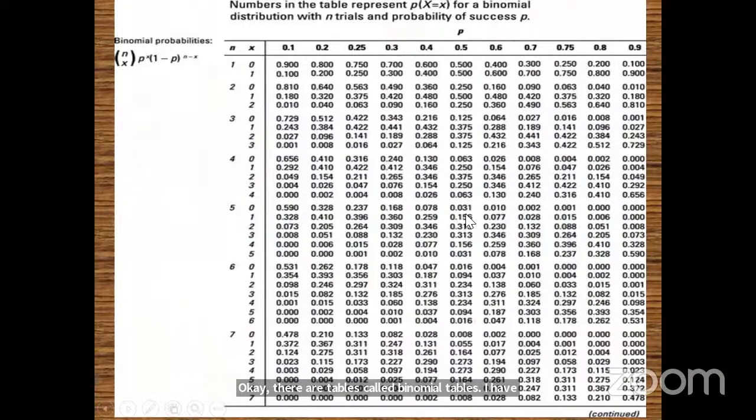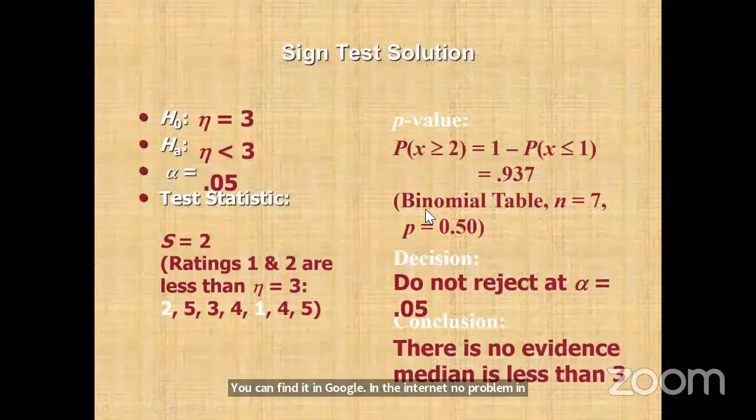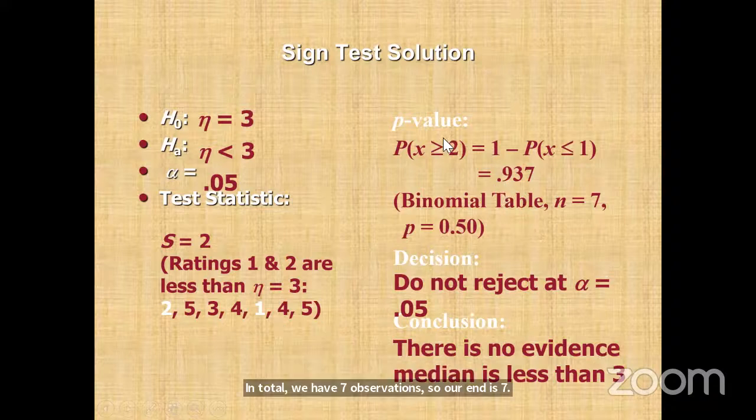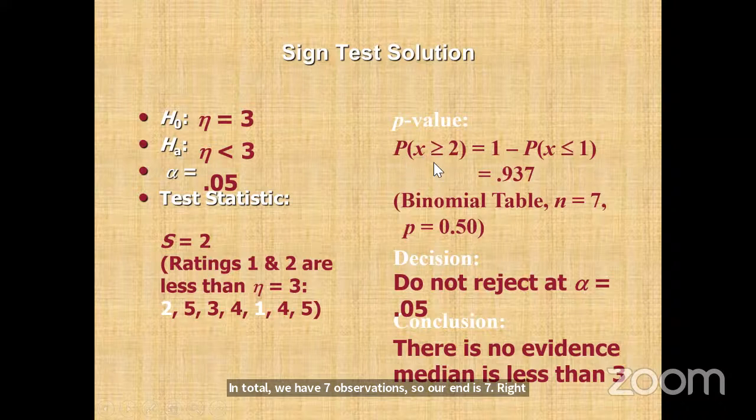Yes, these are the binomial tables. You can find them on Google or the internet, no problem. In 1 minute, you will get this table. Now, see our example. What do we have? In total, we have 7 observations. So our n is 7, right? Then the probability we have to find is X greater than or equal to 2.